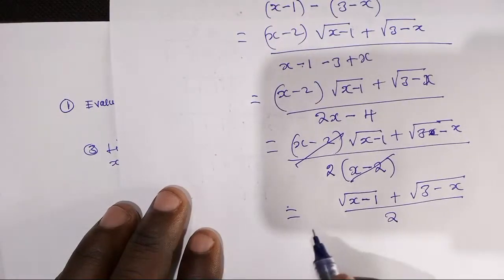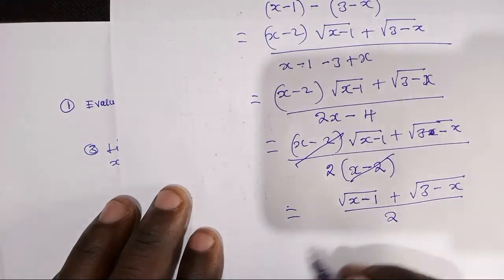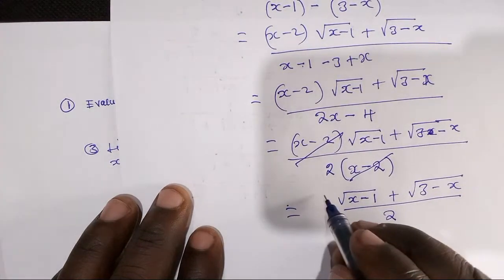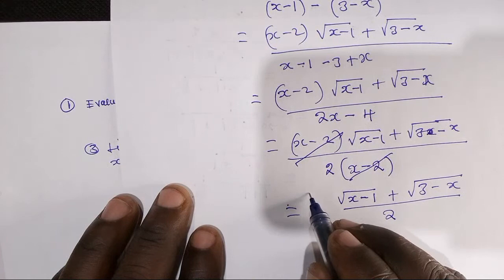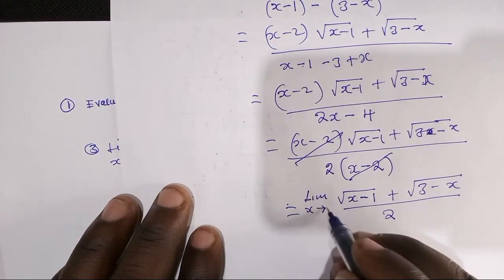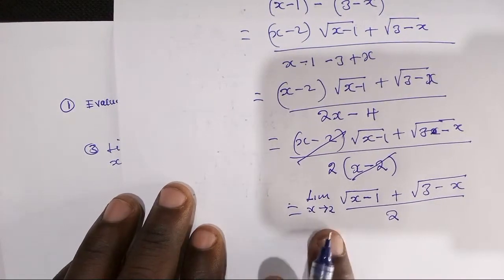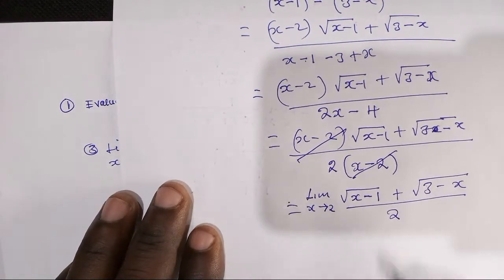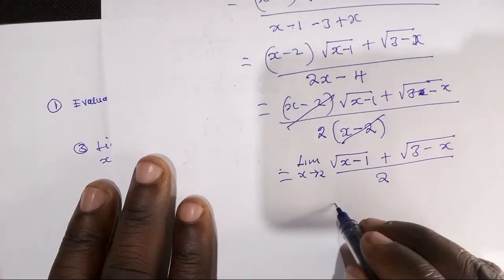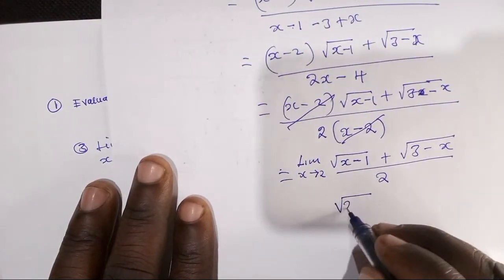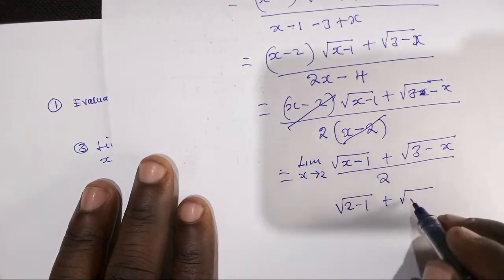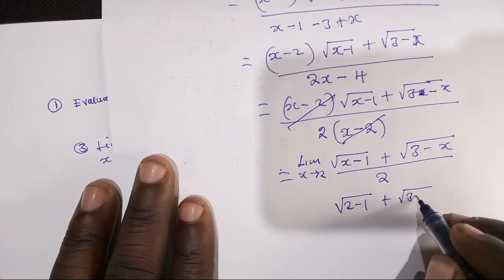Then remember we have the limit as x approaches 2, right? Then we have to substitute now where there is x with 2. So on top we are going to have root 2 minus 1, then plus root 3 minus 2, right?